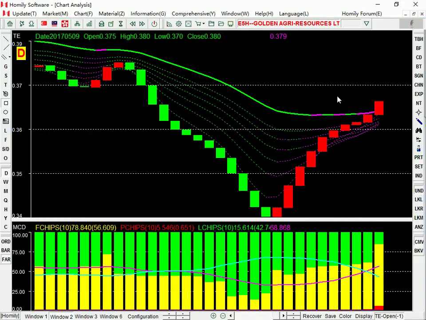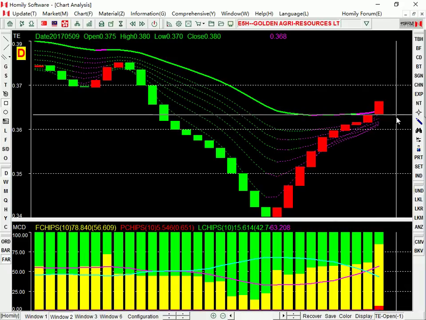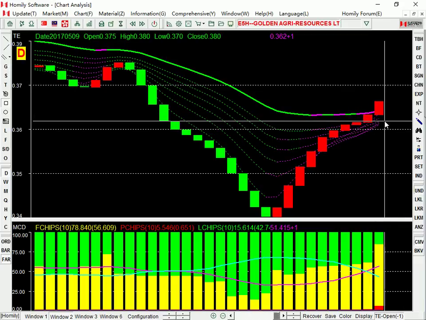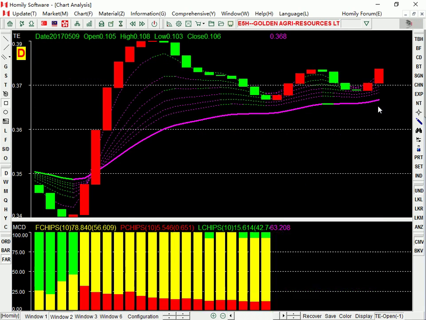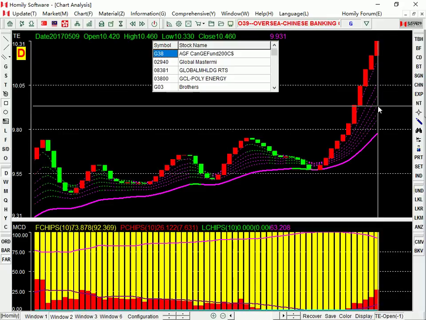So if you have this stock, where is the sell point? If you see the red candlestick turn to the green candlestick, then at least the 3 assistant lines turn to green. Here is the sell point. And maybe in the future, if you see the green, the red, let's see this one.